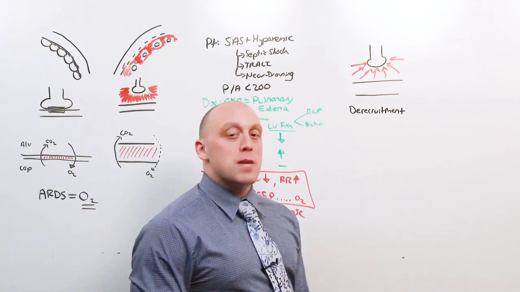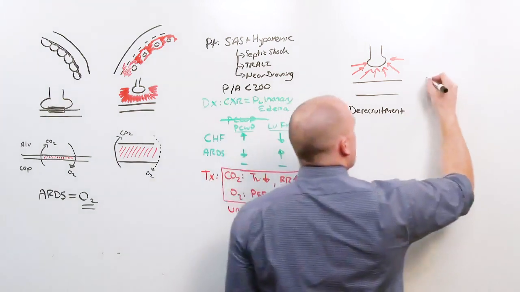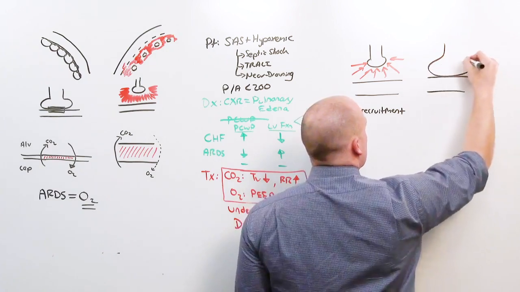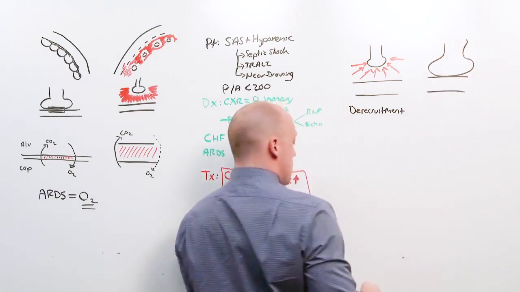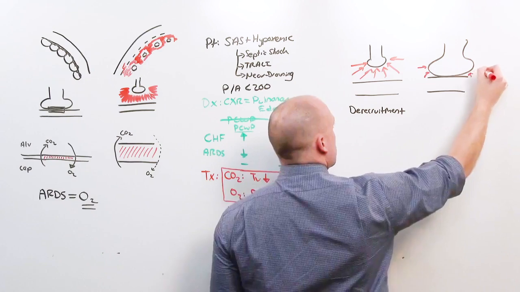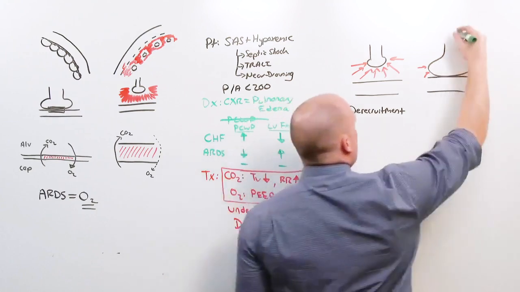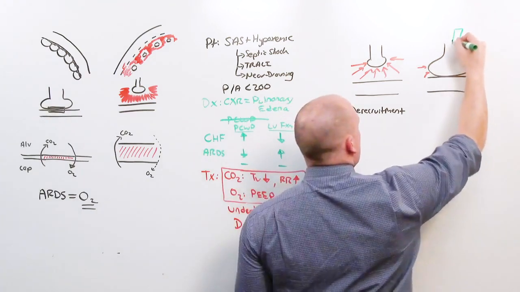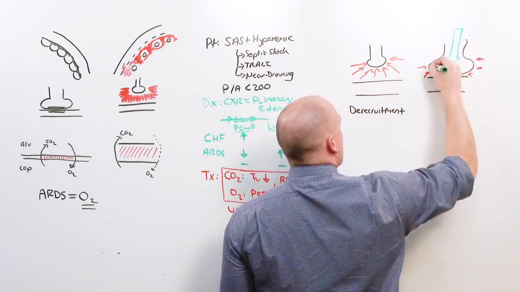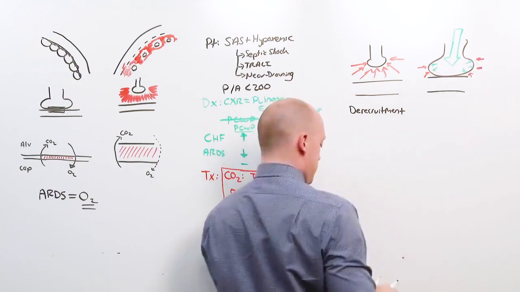What you want to do is keep good alveoli open. You want to keep them like this. There's still that fluid force coming from the outside trying to crush the alveoli. But if you apply positive end expiratory pressure, there's always positive pressure regardless of inhalation or exhalation. You can apply back pressure to maintain recruitment.